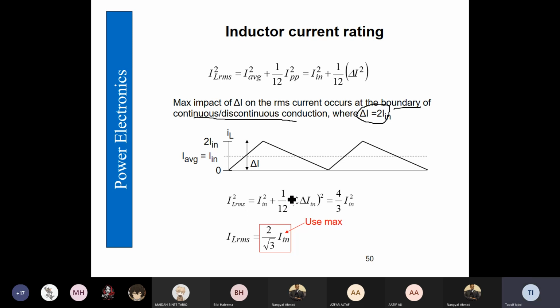We have just taken the same. Here we had the output current for the buck.